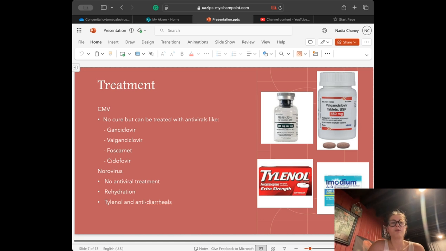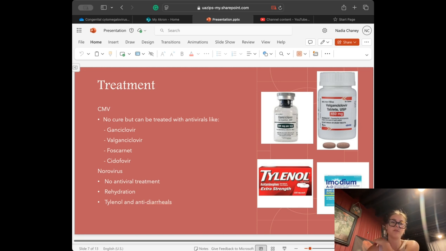So treatment for CMV, there is no cure. They are working on a vaccine, but it can be treated with antivirals. Ganciclovir is the top left picture. It's usually given through an IV.